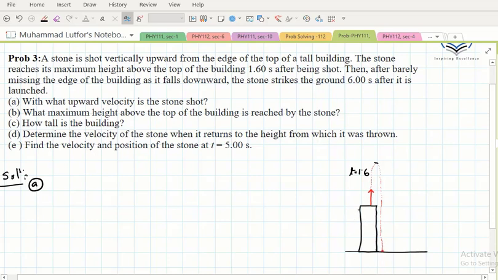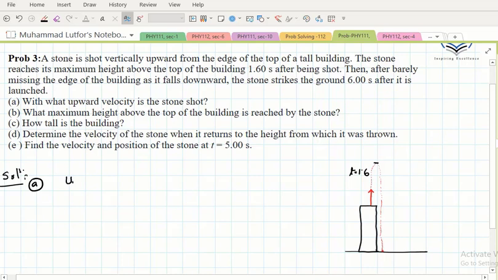Now they ask with what upward velocity the stone was thrown. I can find that because it's moving at a constant acceleration, which is the acceleration due to gravity. When it reaches the top of its trajectory, its final velocity would be 0, right?